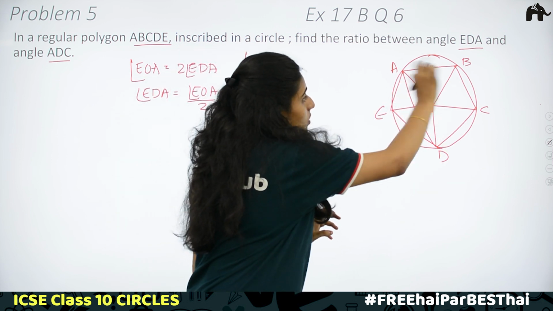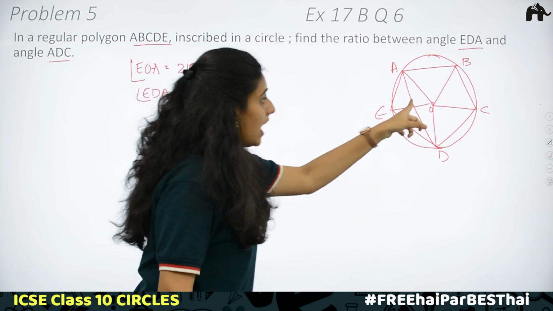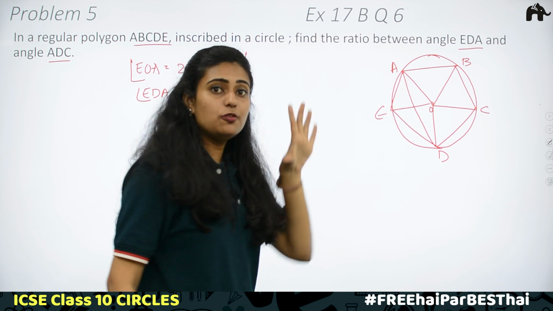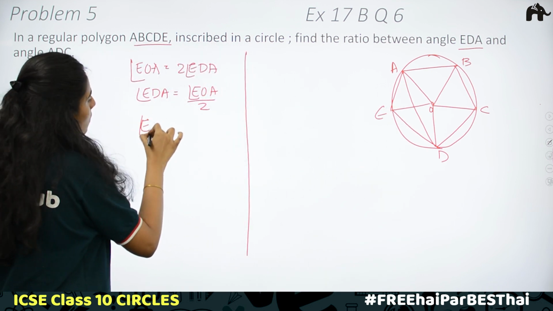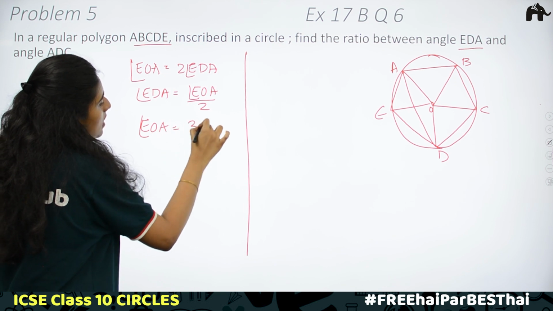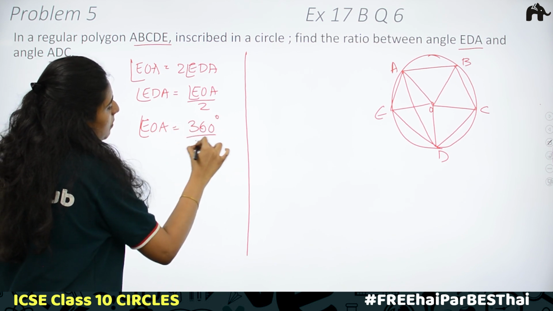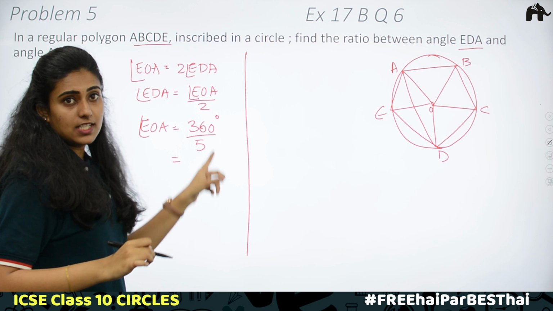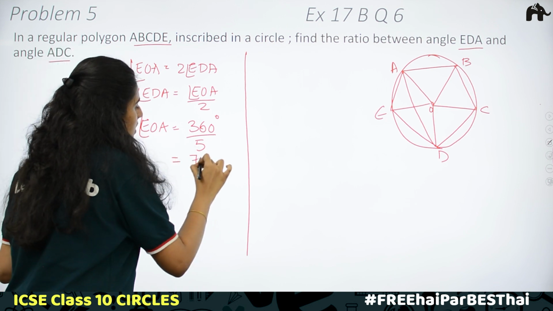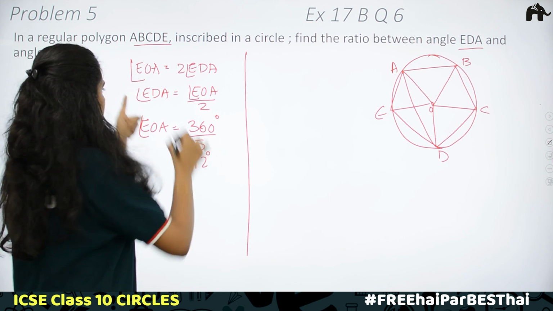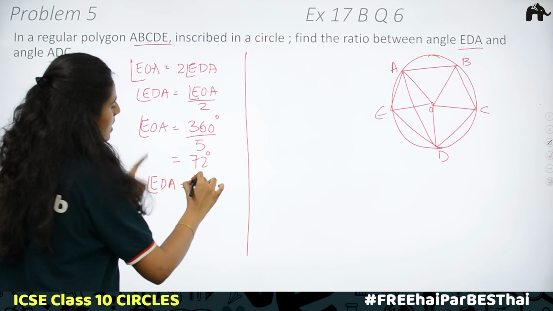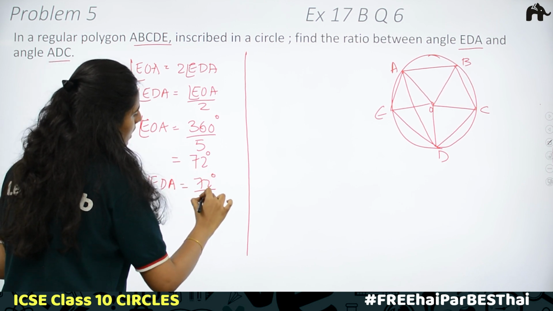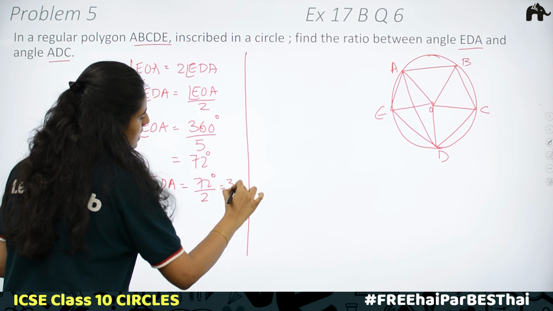Now, in this regular 5-sided polygon, the angle 360 degrees will be divided into 5 equal parts. Therefore, angle EOA will be equal to 360 degrees divided by 5. What is 360 degrees divided by 5? We get 72 degrees. Then we can find EDA. EDA will be equal to 72 degrees divided by 2, which is 36 degrees.